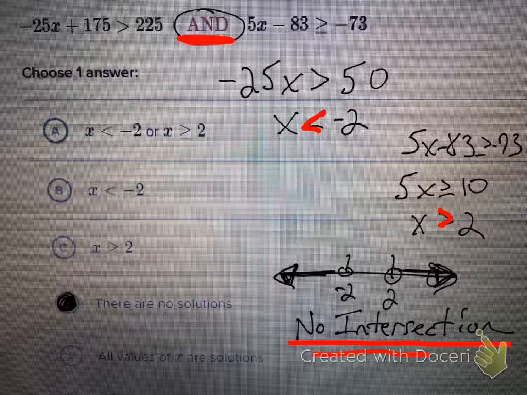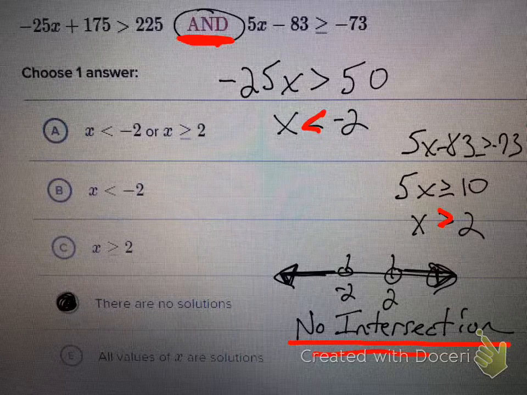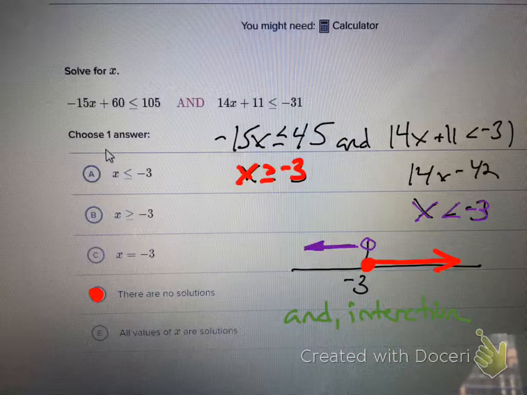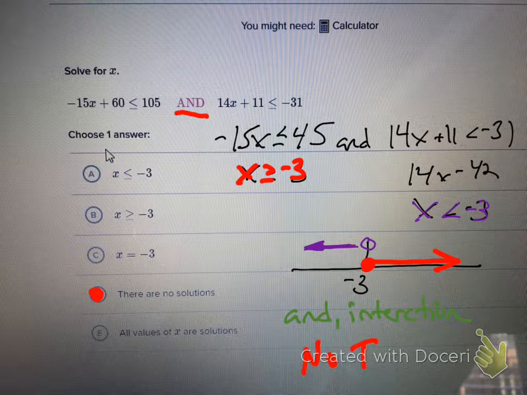It's problems like these that you have to be extra careful for so that you are interpreting the compound inequality correctly and paying close attention to whether it's an or an and statement. In this case, we have another compound inequality with and once again, there is no intersection. And that'll give us no solution. There's no x that is going to work for both of these.